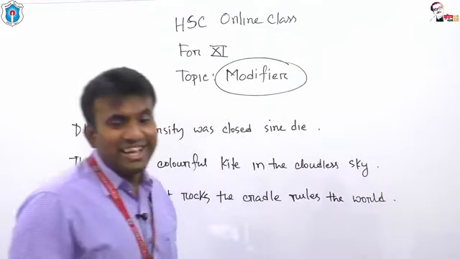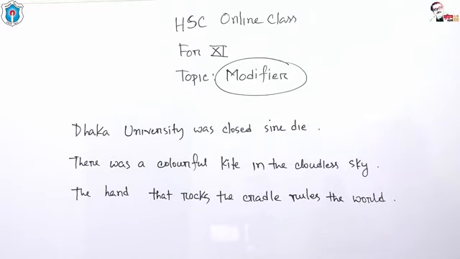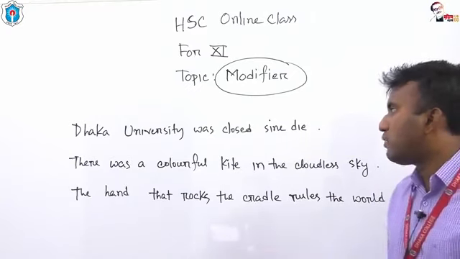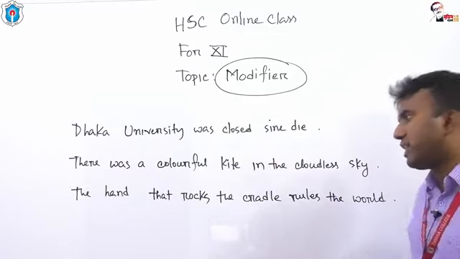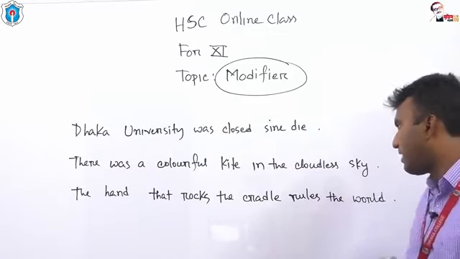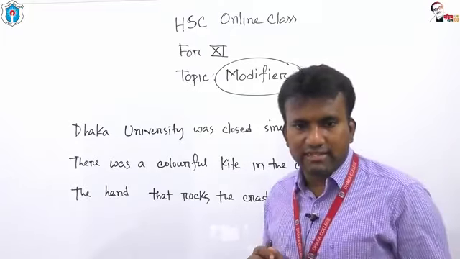Okay, my dear students, I have given you 3 examples: Dhaka University was closed sine die; there was a colorful kite in the cloudless sky; and the hand that rocks the cradle rules the world.